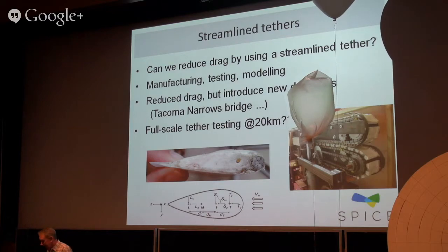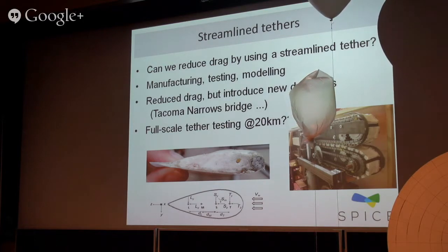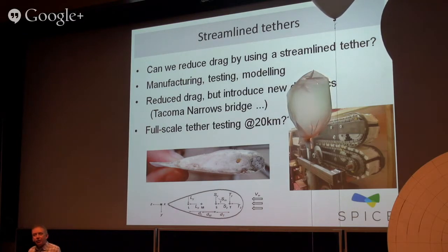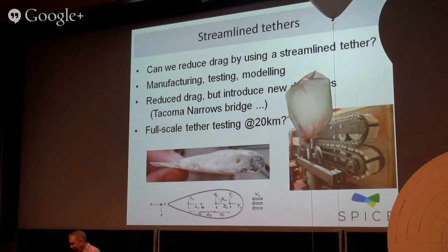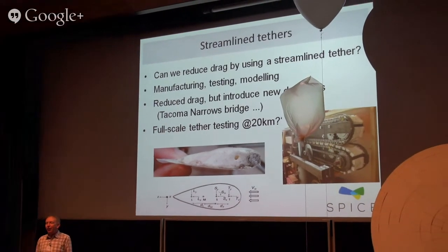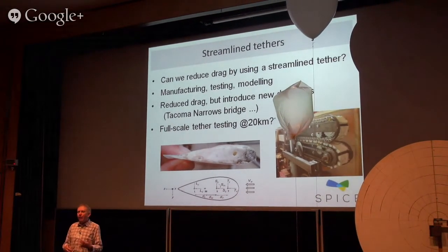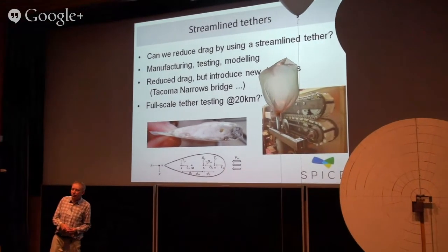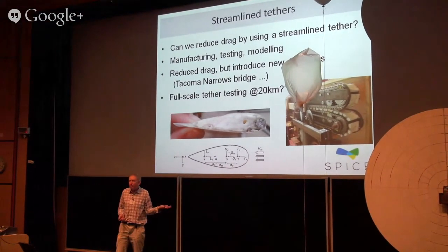If we can make aerodynamic the shape of the tether, give it some kind of streamlined shape, then that's a bonus. But then we get the Tacoma Narrows type flutter and all sorts of weird, wonderful things, which actually are really quite hard to understand for very, very long structures, because there's no such thing as modes of vibration.